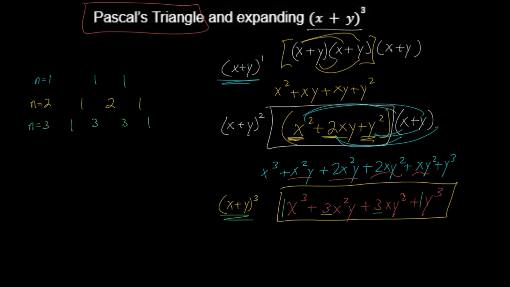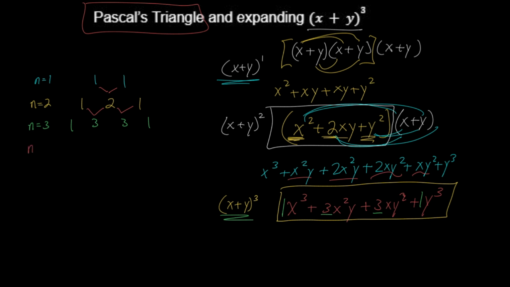What's happening here is if you stagger the numbers for each of the rows, the next row is formed by adding the two numbers that are above it. The ends always have a 1 on the end, but the middle numbers will always be formed by adding the two numbers above it.